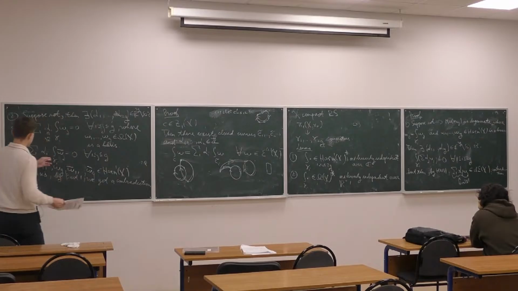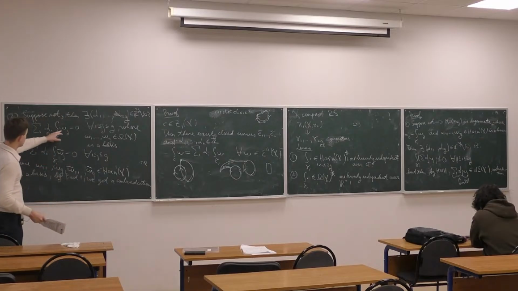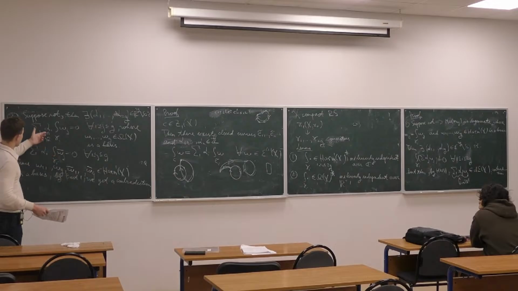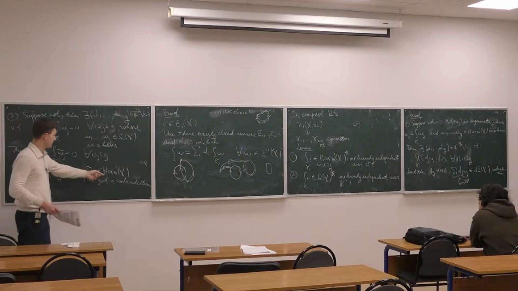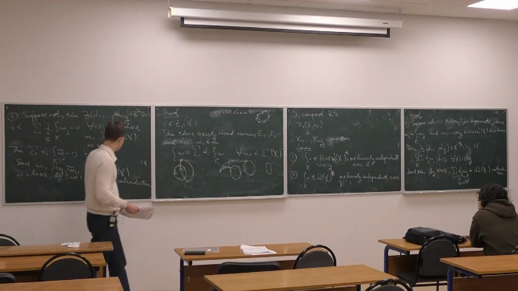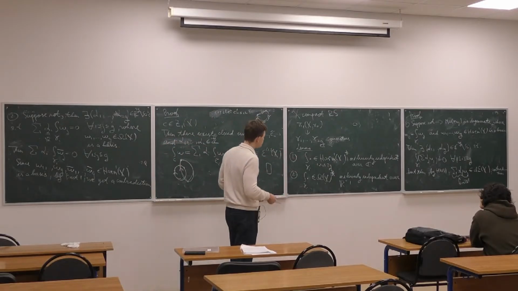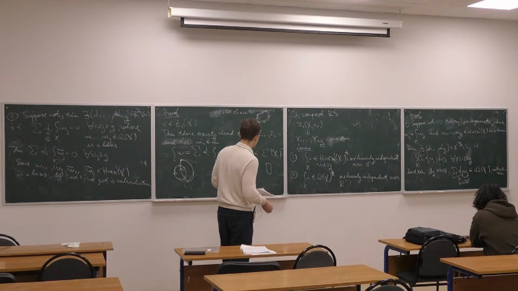Because the omega j's and omega j bars form a basis in this space, we have obtained that the linear combination of these integrals is 0 for any element of the basis here. But in part 1 we proved that this cannot happen.